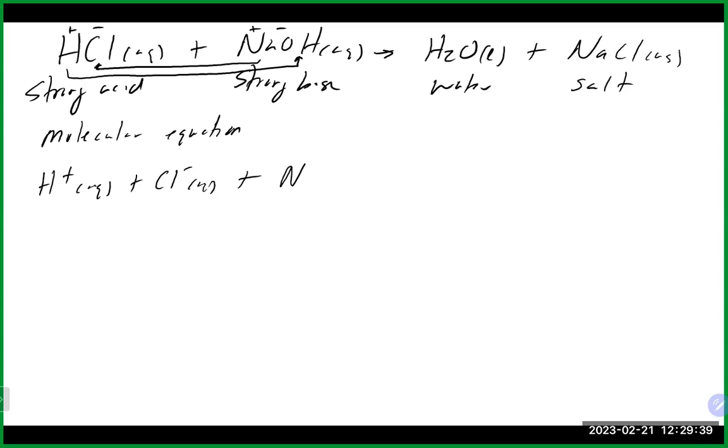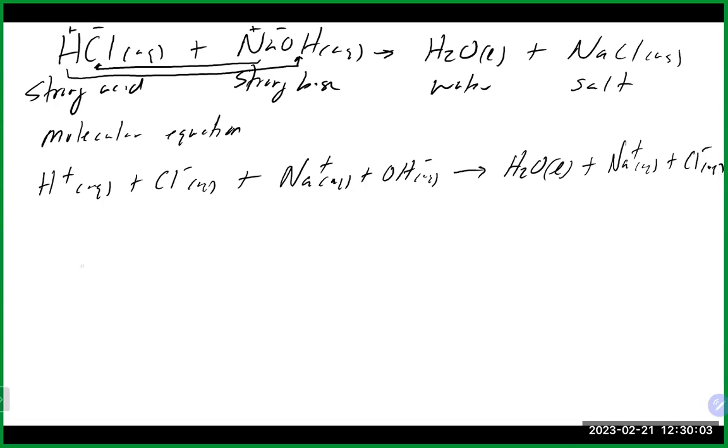Sodium hydroxide, which is a strong base, would do the same thing, break apart completely in solution. Something like water, that's a pure liquid, will actually stay together. Anything that's a liquid, a gas, or a solid will stay together in solution. And something like sodium chloride, which is also a strong electrolyte, will break apart into sodium and chloride.